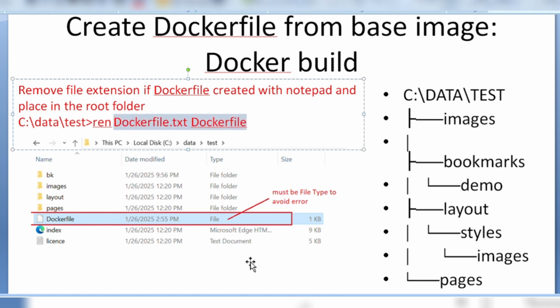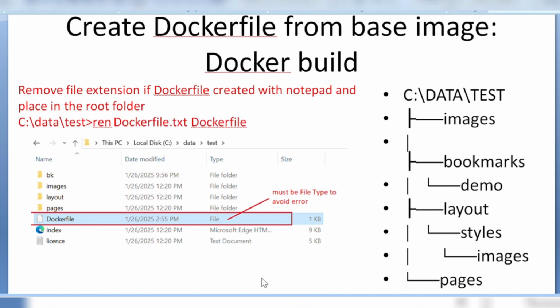But I got a lot of errors. Then I figured out that I should remove the extension, so I just renamed my file without any extension. So the file type should be just a file.